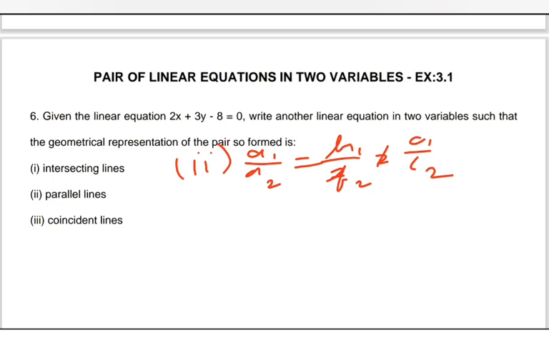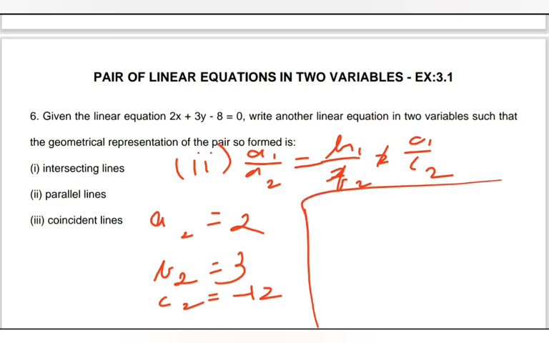So let's take a2 as 2, b2 as 3 and c2 as minus 12. I'm just assuming, you can try on your own with your own numbers. Okay. So the second equation will be 2x plus 3y is equal to minus 12.